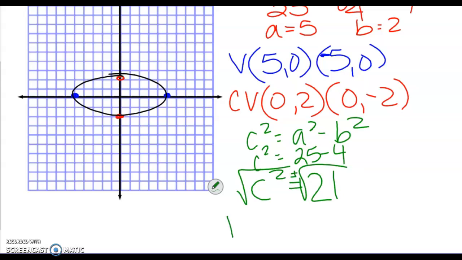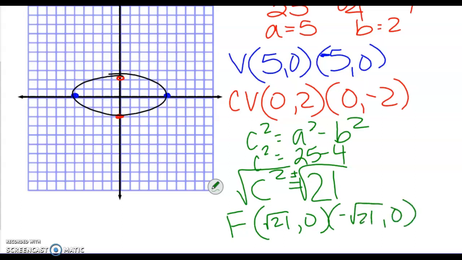So my foci are at square root of 21, 0, and negative square root of 21, 0. But if I'm going to graph that, square root of 21 is somewhere between 4 and 5. About 4.6.